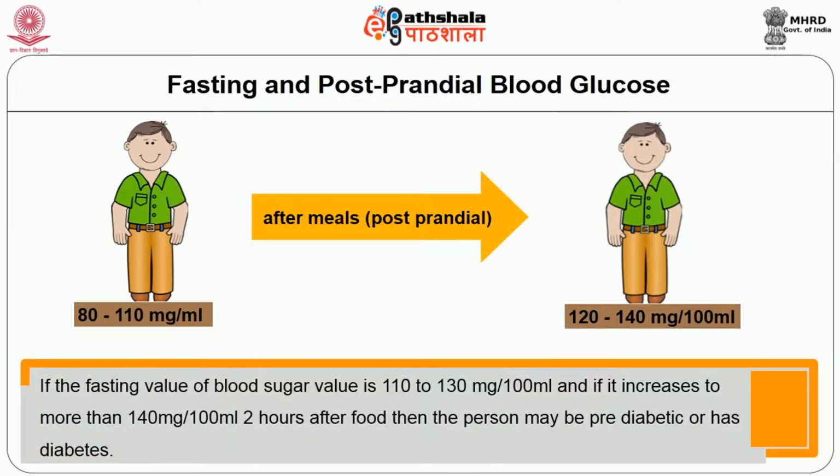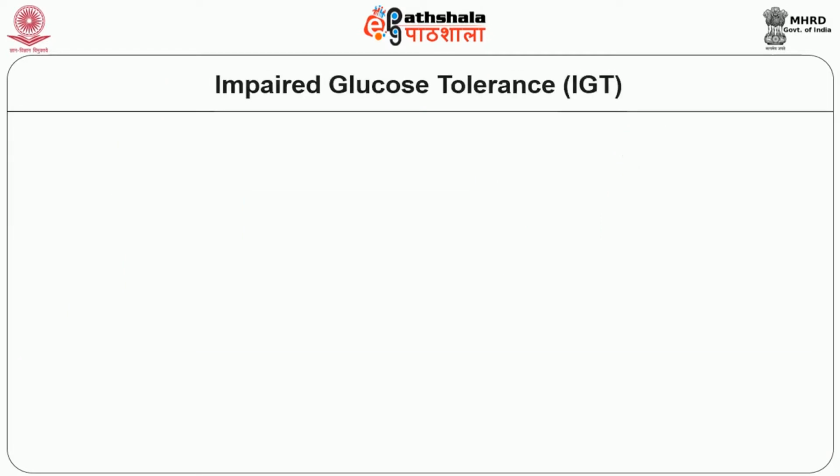If the fasting value of blood sugar is 110 to 130 milligram per 100 ml and if it increases to more than 140 per 100 ml 2 hours after food, then the person may be pre-diabetic or has diabetes.